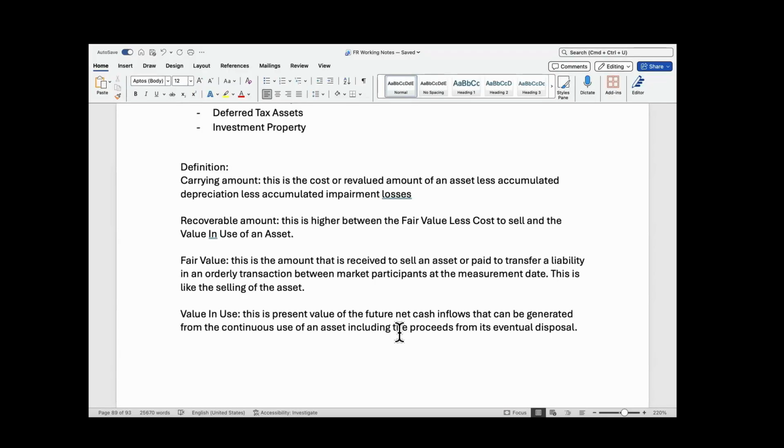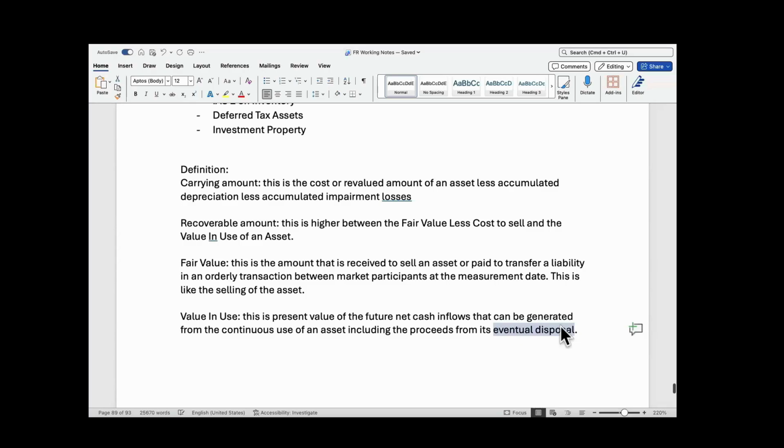So you discount all of this to present value, including proceeds from its eventual disposal. They can even give you that, at the end of the useful life of this asset, you'll be able to sell it for this amount. You need to discount that also to present value, right? Because it's part of the future cash inflows. So by the time you accumulate all of that, that gives you value in use.